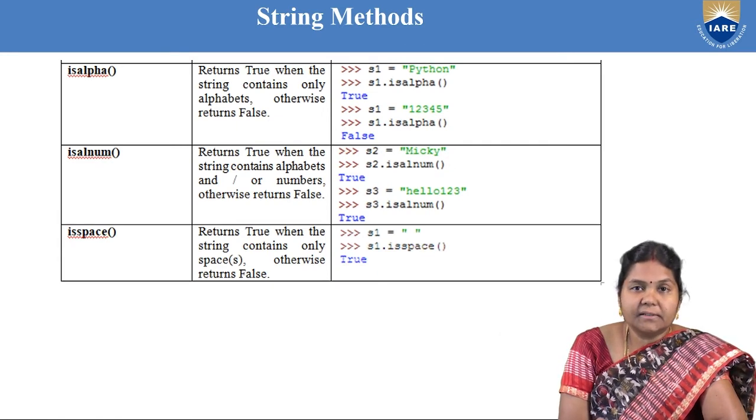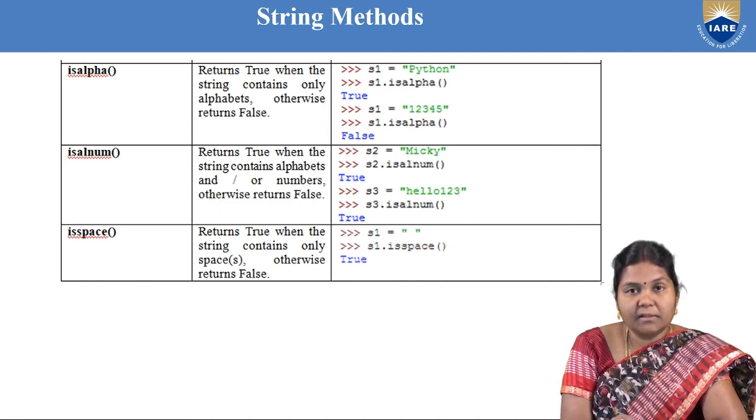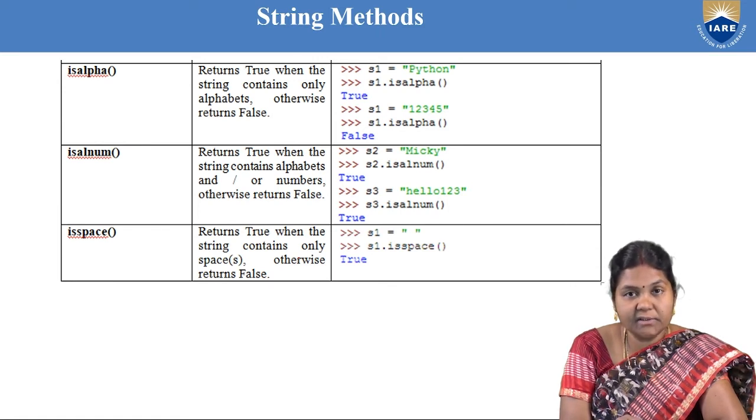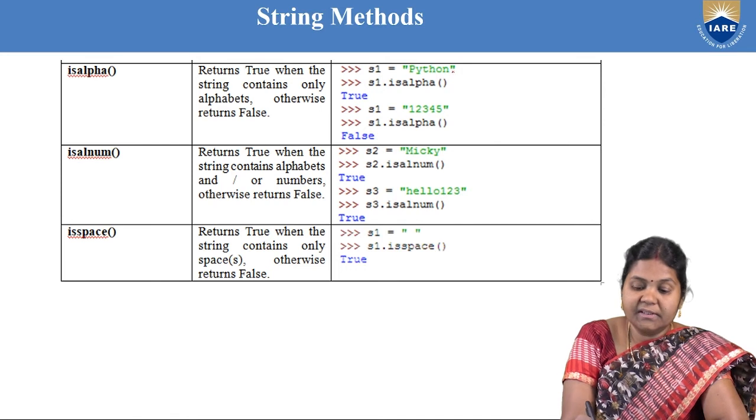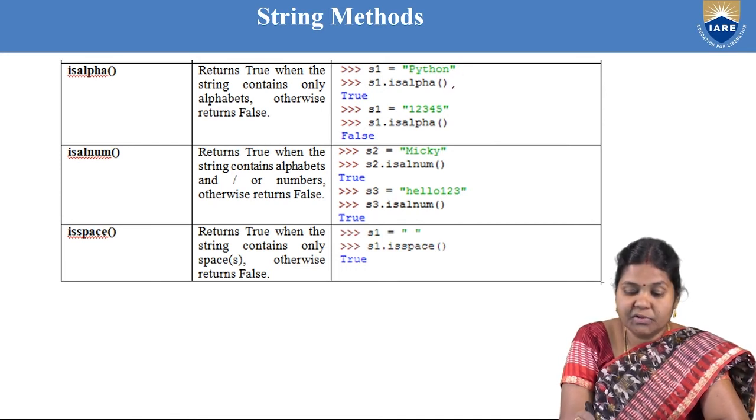Now, let us discuss some more methods: isalpha, isalnum and isspace. These methods return true or false. The isalpha method checks whether the characters in the string are alphabets; it returns true when the string contains only alphabets, otherwise it returns false. You can see S1 is equal to "Python", a string. S1.isalpha returns true, because this string contains only alphabets.